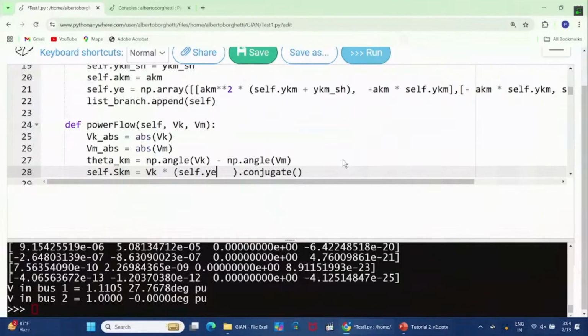The first element is the first row, the first column, so 0, 0, and this is multiplied by VK, and then plus self YE, first row, second column, so 1, multiplied by VM.